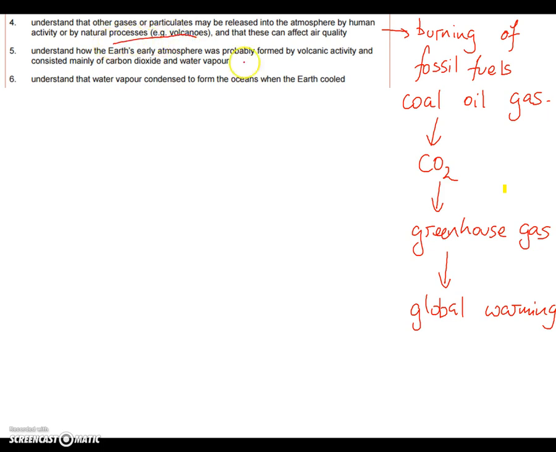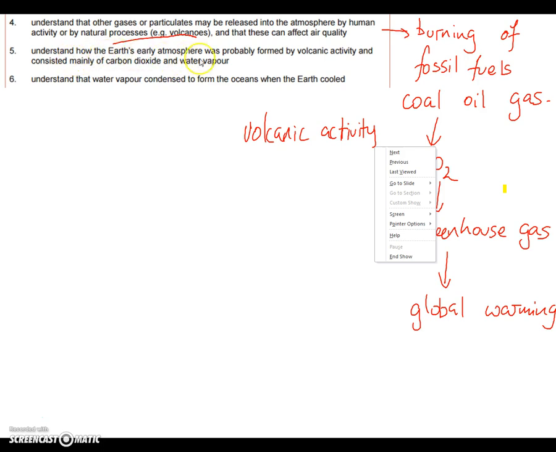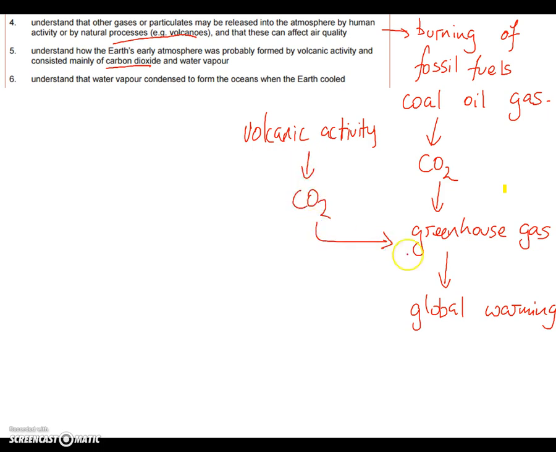Natural processes, e.g. volcanoes, the main one that they're talking about there is volcanic activity, which, as it says here in terms of the early atmosphere, also happens now. It can release carbon dioxide, and carbon dioxide again is a greenhouse gas, and that leads to global warming.